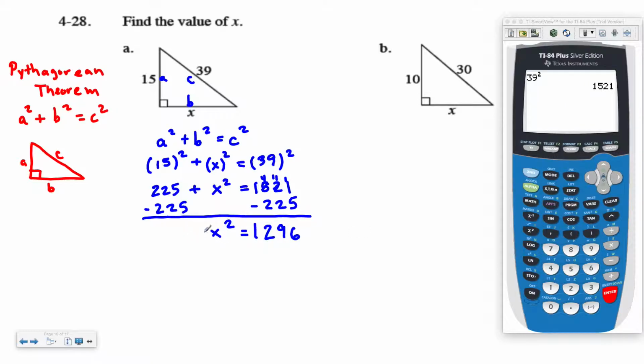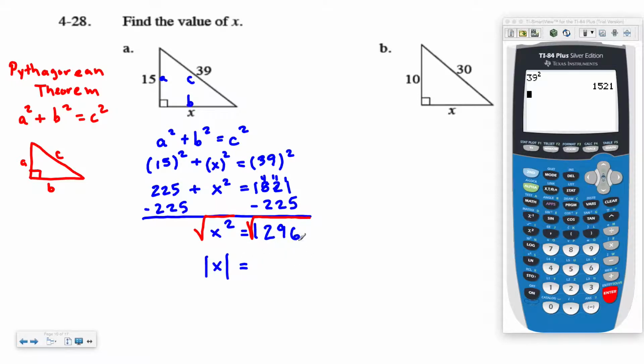Now in order to get x by itself, remember, we have to undo the fact that it's being squared. So it's like saying we're taking the square root of each side. Square root of an x squared, well, think about it here. We should end up with, and you should have been practicing this already, the absolute value of x.